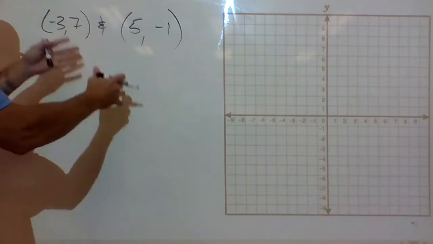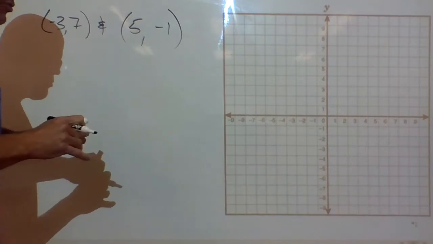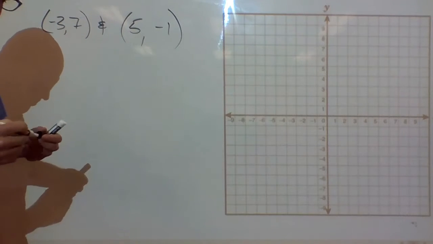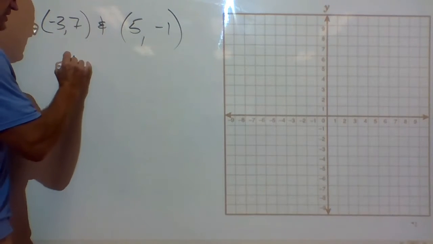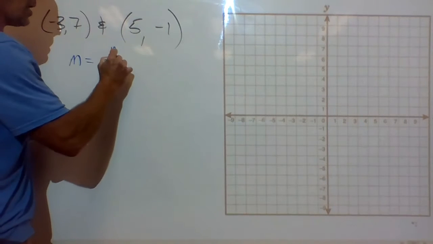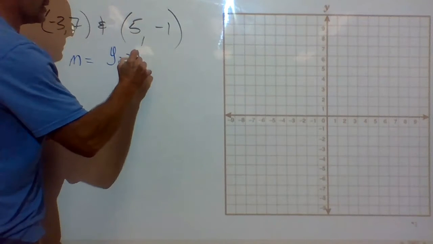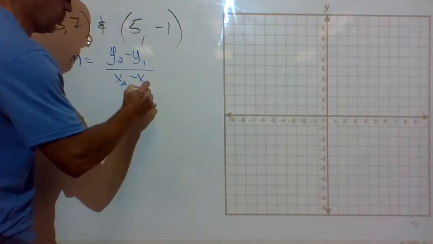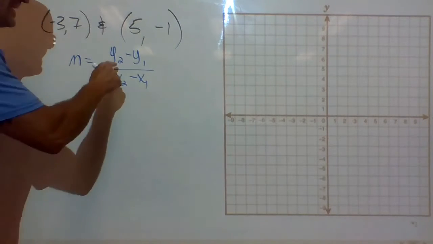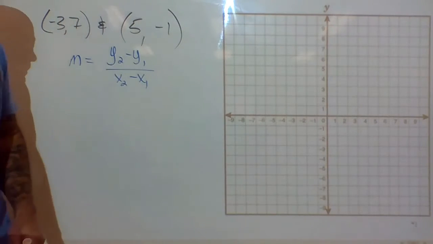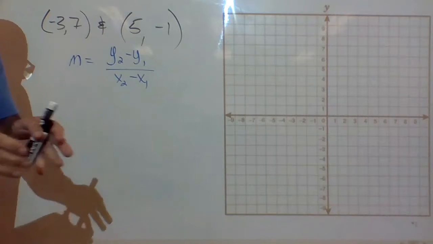So I'm going to find my slope, and you've probably seen this formula, which is awesome to use. It looks like this. Slope equals y sub 2 minus y sub 1 over x sub 2 minus x sub 1. Which, you're like, why are you saying sub 2, sub 1? This is a subscript number. That's why we say y sub 2, y sub 1.